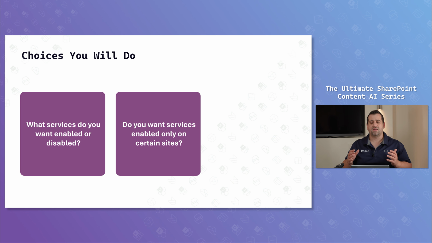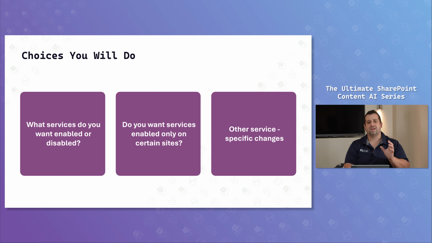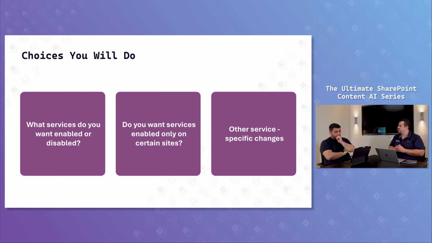Maybe you might not want to have it on all the sites. This way you can control costs, only on the ones that have a business justification. And then there are a few other settings that are service specific. For example, in the next few episodes, Gokan will teach us about the Content Center. Well, you can configure it from here.